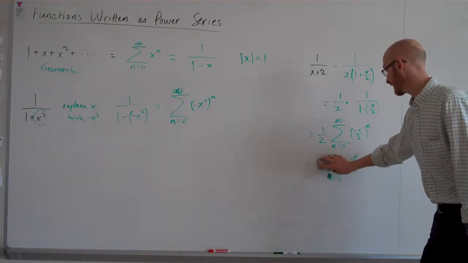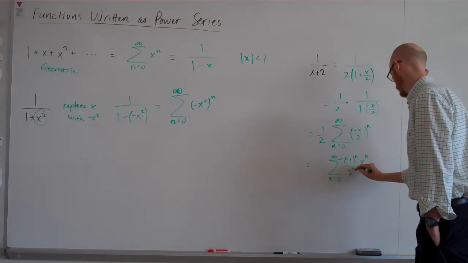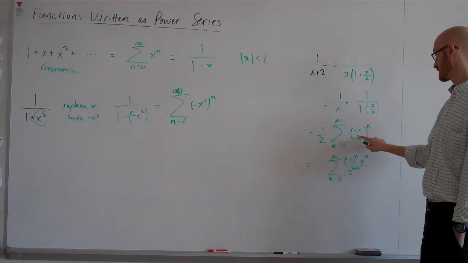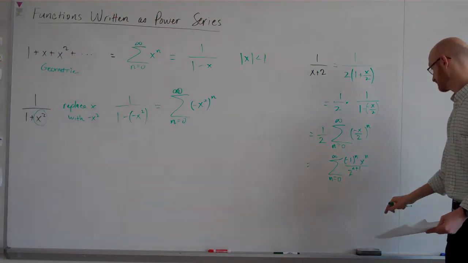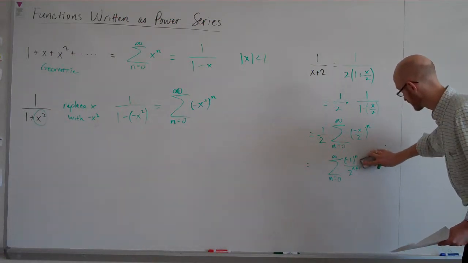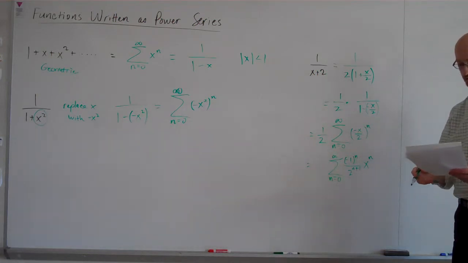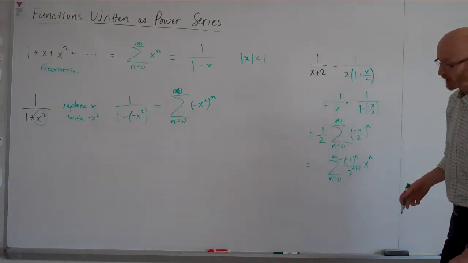I'm going to take that half and fold it in there. So there wasn't 1 over 2 out here. This was 2 to the n, so that's now 2 to the n plus 1. And maybe just so that you can see the difference between the coefficient and the variable component, you can see it written as a power series.